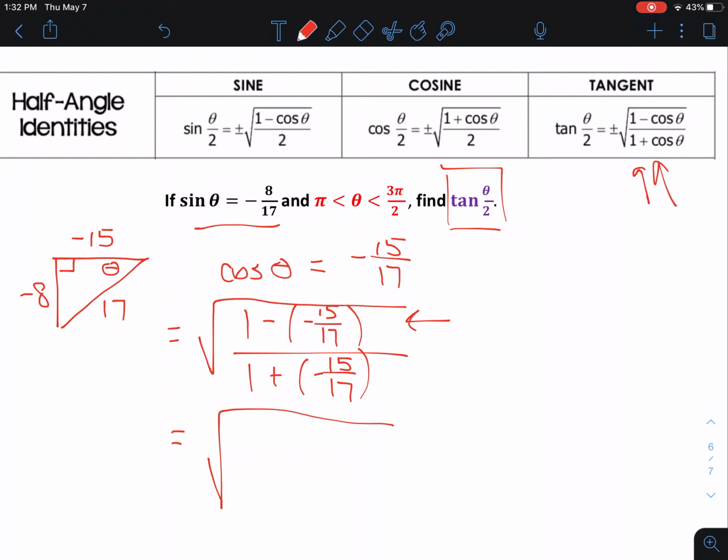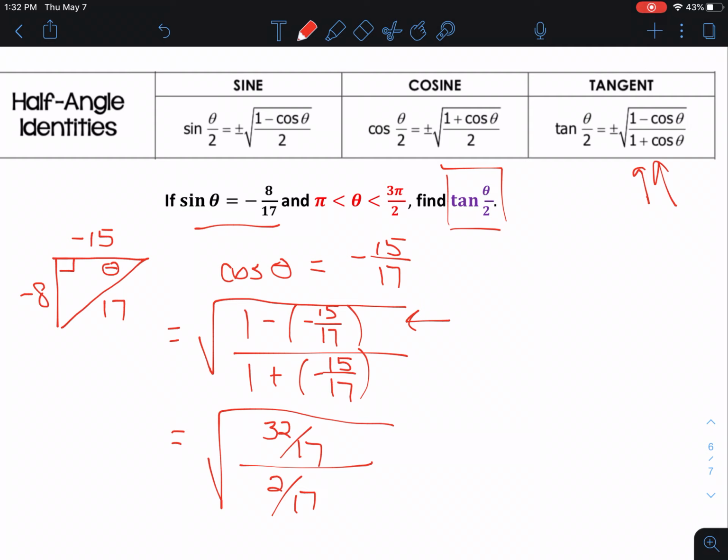So you're going to end up with 17/17 plus 15/17 gives me 32/17. And on the bottom, we would really end up with 1 minus 15/17. So 17/17 minus 15/17 would give me 2/17.